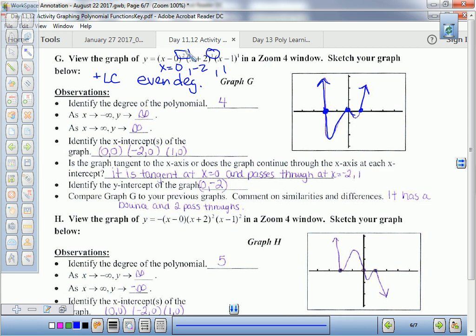If a factor is raised to an even power, your graph bounces at that point. And then at 1, it's just to the first power, so it passes through. All right, so this one was tangent at x equals 0, and it passed through at x equals negative 2 and positive 1.